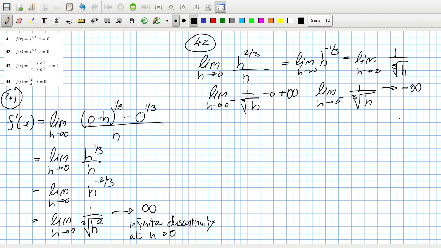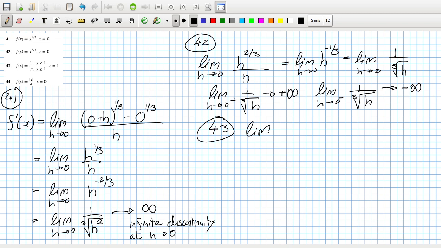So we don't have a limit here. Okay. That seems quite similar. Okay. 43. Yeah, it's the same problem. The right and left limits aren't defined.